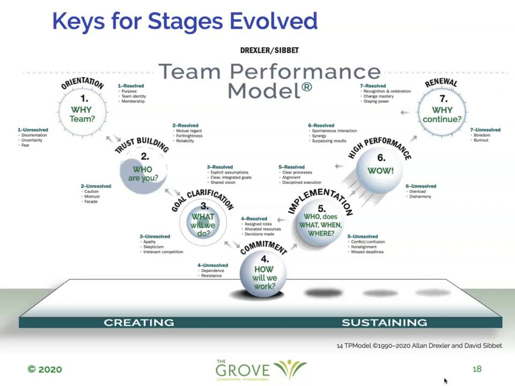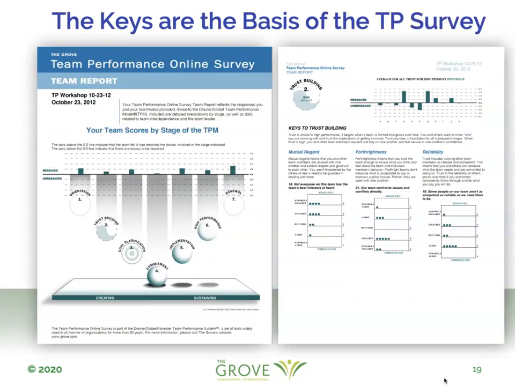So we spent quite a bit of time identifying the indicators that show that you've resolved these challenges or that they're not resolved. And these indicators are all reflected in the materials that accompany the model, but they're most importantly reflected in the team performance survey, which asks questions for each of the 7 challenges.